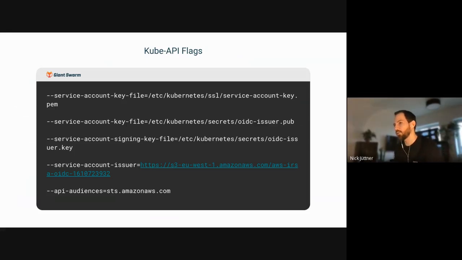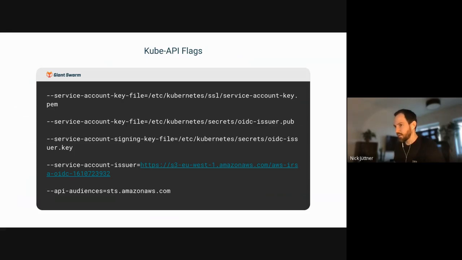That's the reason why you have to pass a second one. And this one is signed with the OIDC issuer, and it has to match your configuration on the S3 bucket level. So it has to be the same keys, in order that AWS allows assuming roles.